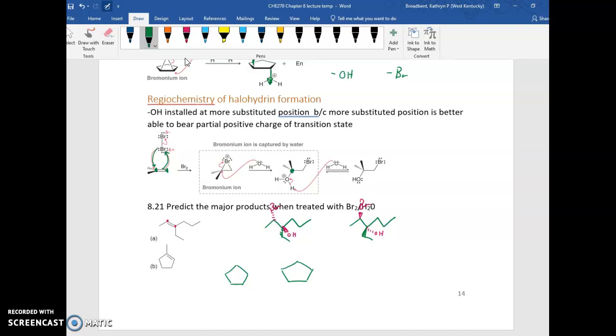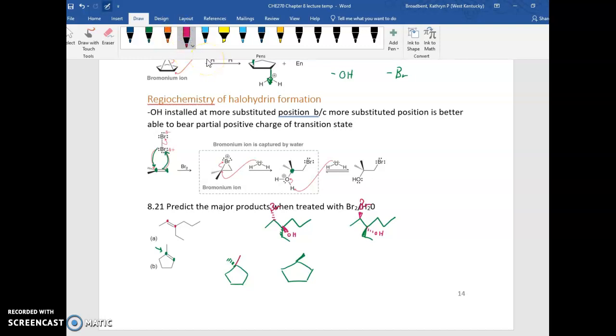Okay, so then let's look at this other one. We're going to have to add to here and to here. This one is more substituted, so it's the one that's going to end up with the hydroxy. So let's put the methyl group on. One of them will be a dash and the other one will be a wedge.